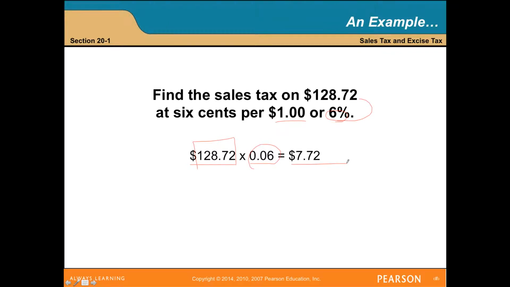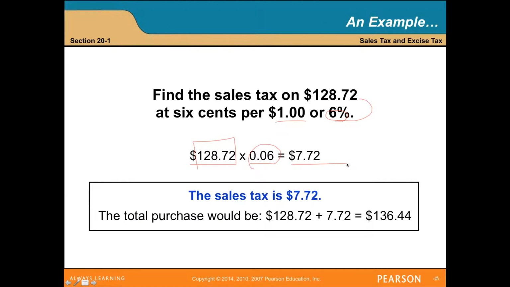And then you get $7.72. So the sales tax is $7.72. The total purchase price would be $128.72 plus $7.72 equals $136.44.